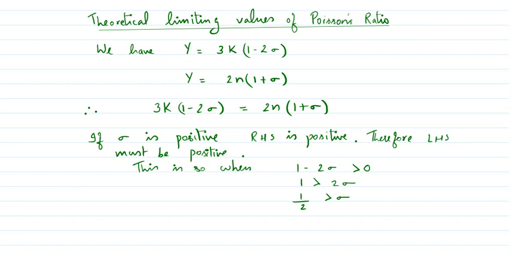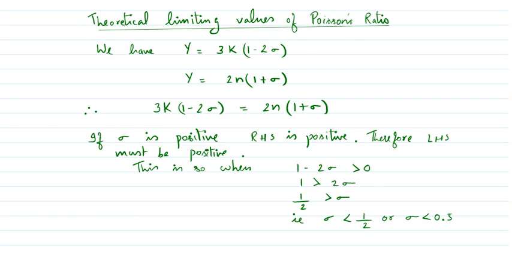That means sigma is less than 1 by 2, or sigma is less than 0.5. So from this we got one of the limiting values for sigma, which is 0.5.